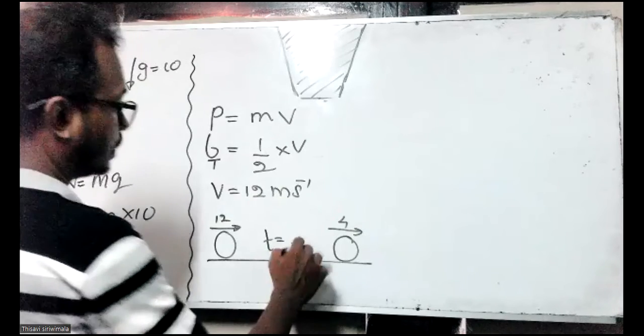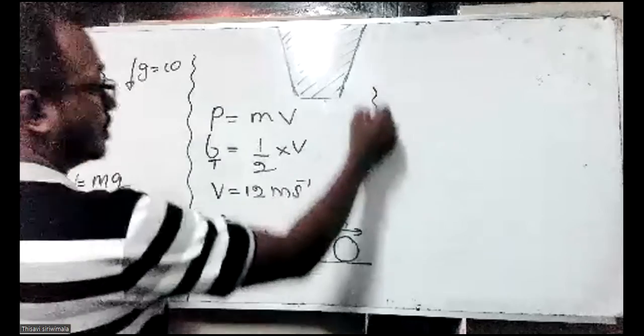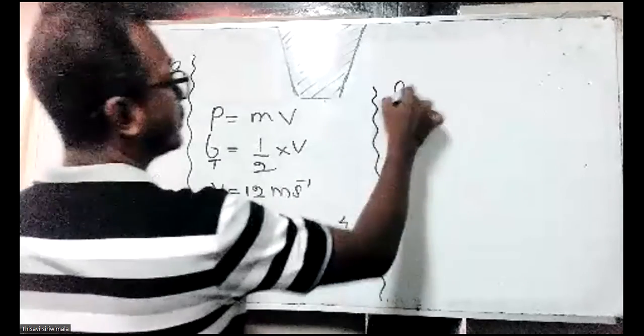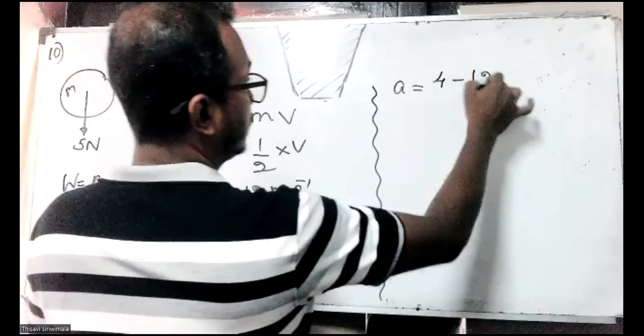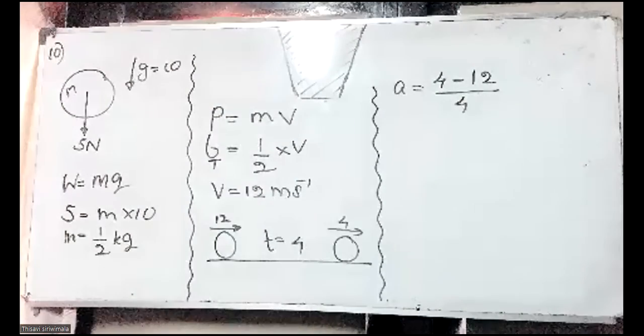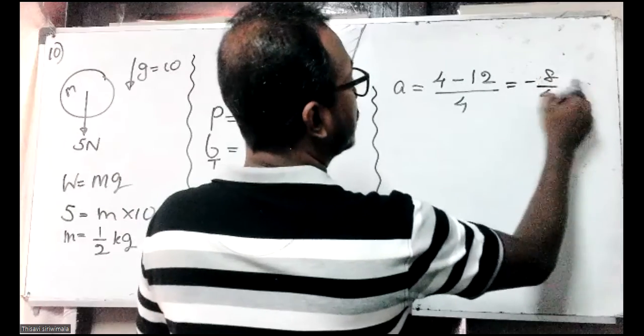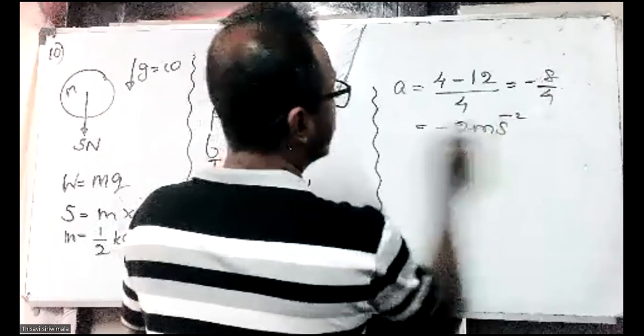Now, this is to find the acceleration. Acceleration equals final velocity minus starting velocity divided by time. 4 minus 12 is minus 8. Minus 8 divided by 4 equals minus 2 ms^-2.